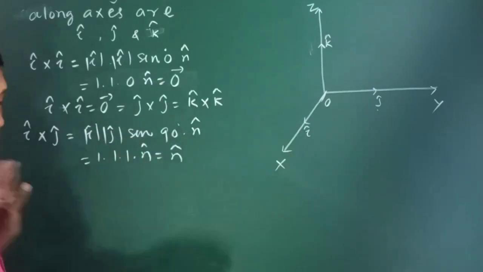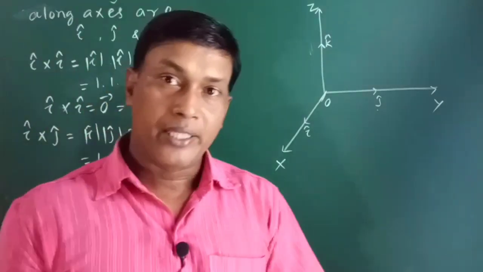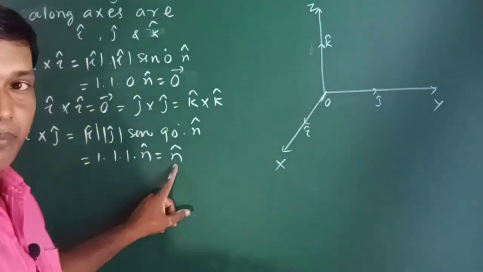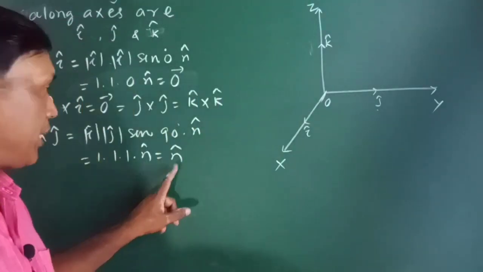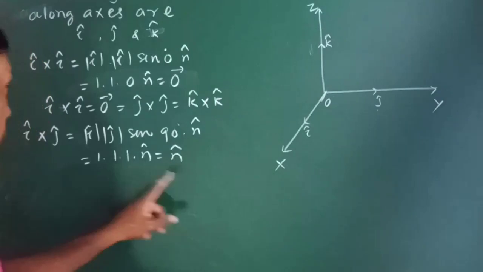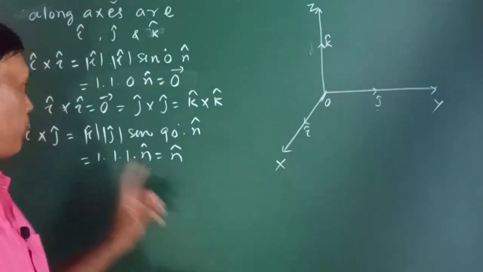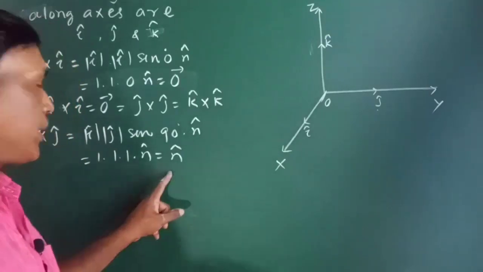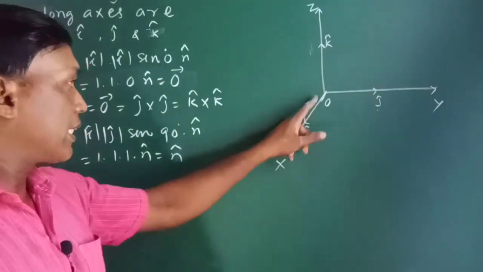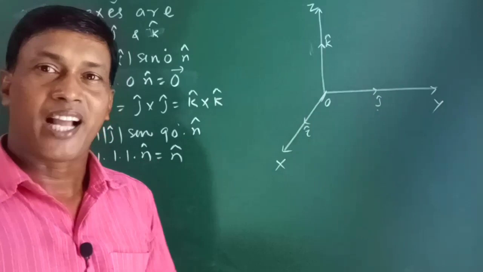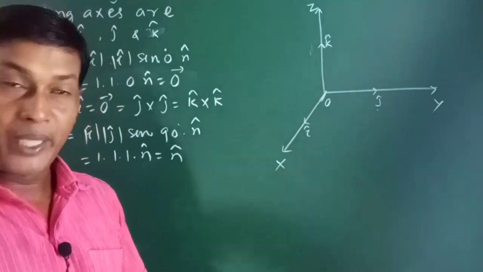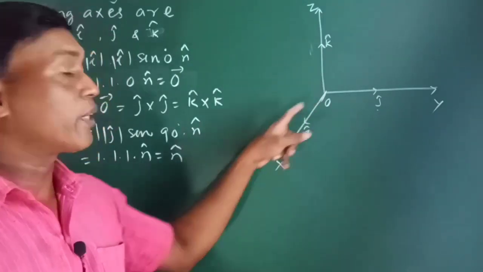So i cross j is n cap, but this n cap is a unity vector perpendicular to both i and j, that is, perpendicular to both x axis and y axis.